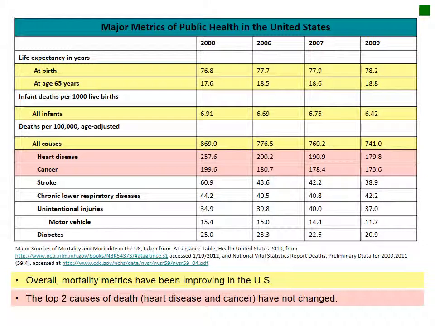And then when we are developing policies and resources in public health in terms of which diseases to go after, we know that heart disease is a leading cause, as well as cancer, stroke, and then more recently the growth of respiratory diseases have arisen quite dramatically.